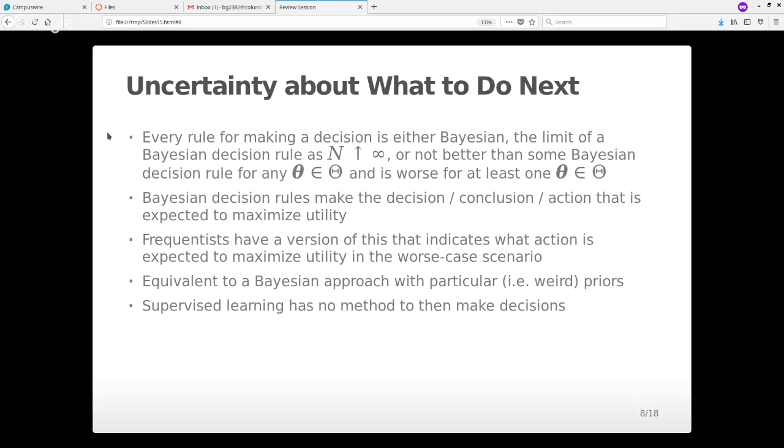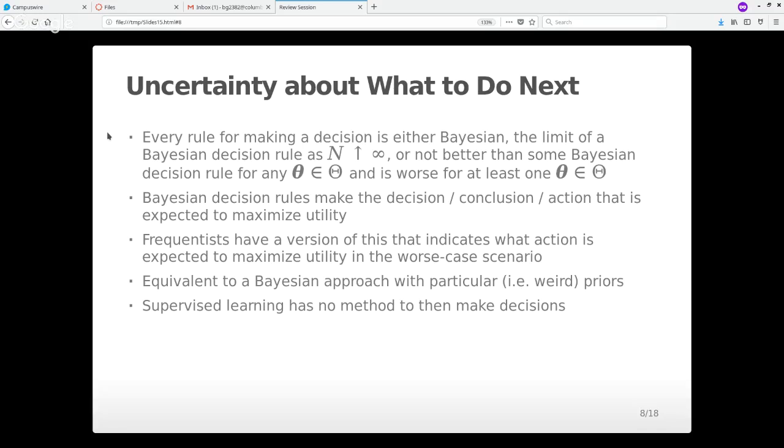I mean, it's still going to be bad, but mitigating that. Anyway, even that approach, the minimax thing, can be shown to be equivalent to a Bayesian one with very, very weird priors on the parameters. And so the Bayesian approach actually subsumes that one as well.